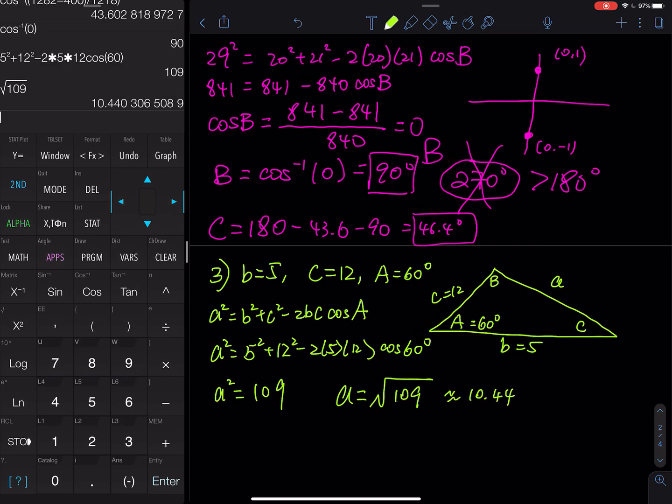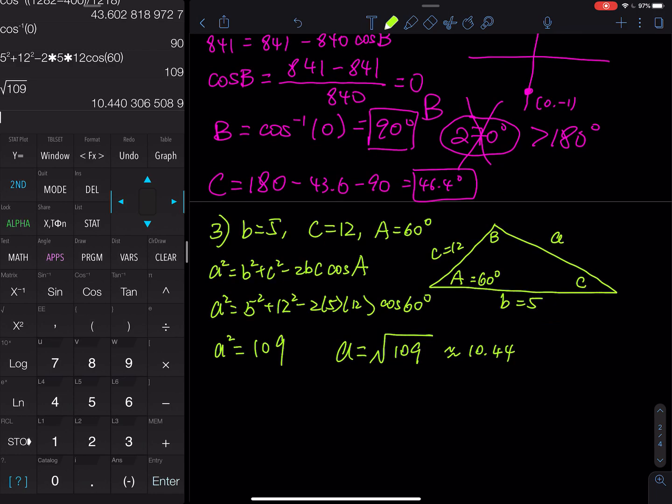So according to my direction, I would like you to use the law of sines to find the next angle measurement, and then tell me, is there a second triangle in this case? So the next one that I will be using is sine of A divided by small a, that is equal to sine of B divided by small b.